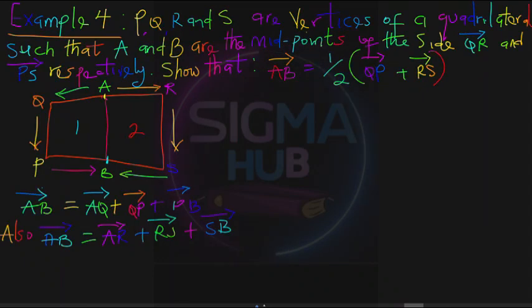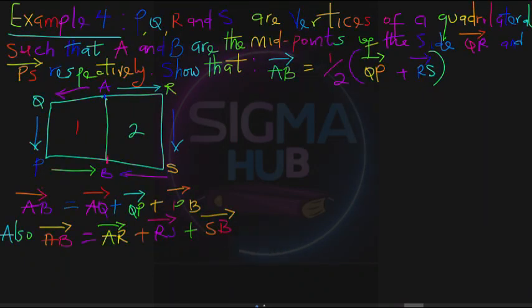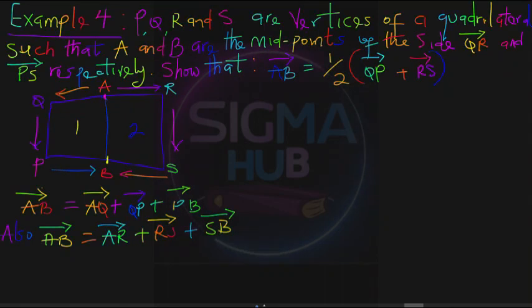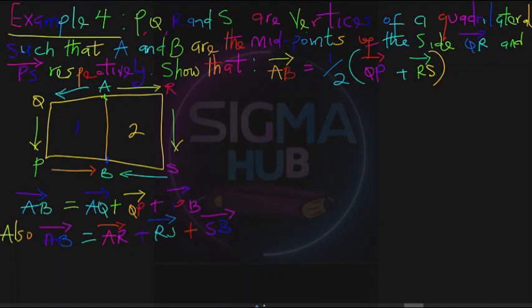And as you can see from the arrow that I already drew, since A is the midpoint between Q and R, it means AQ must be the same thing as AR because A is in the middle.